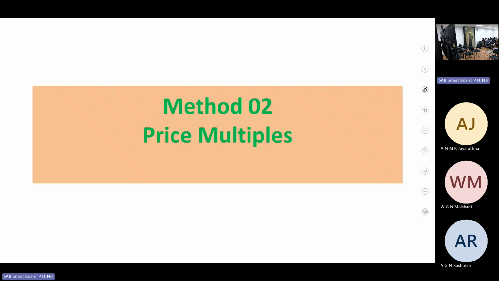And then multiple holding period. You can look at your note and write down the formula.